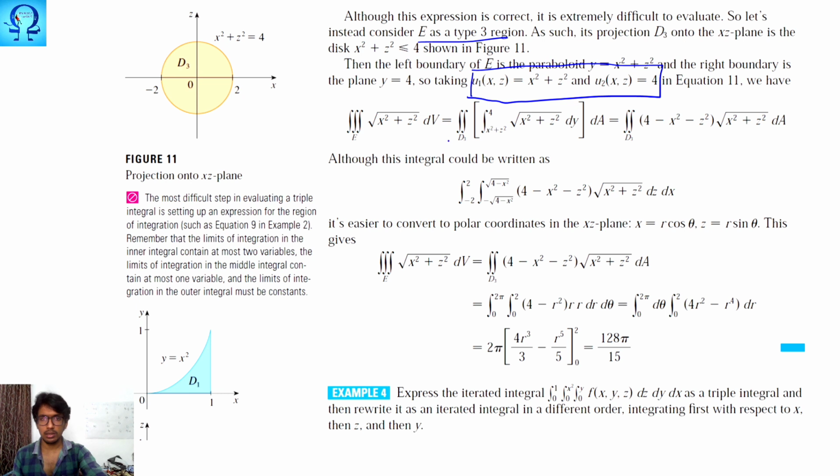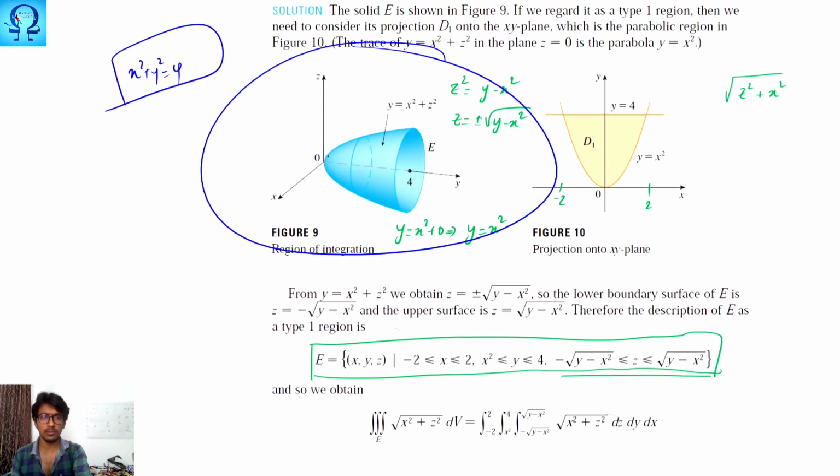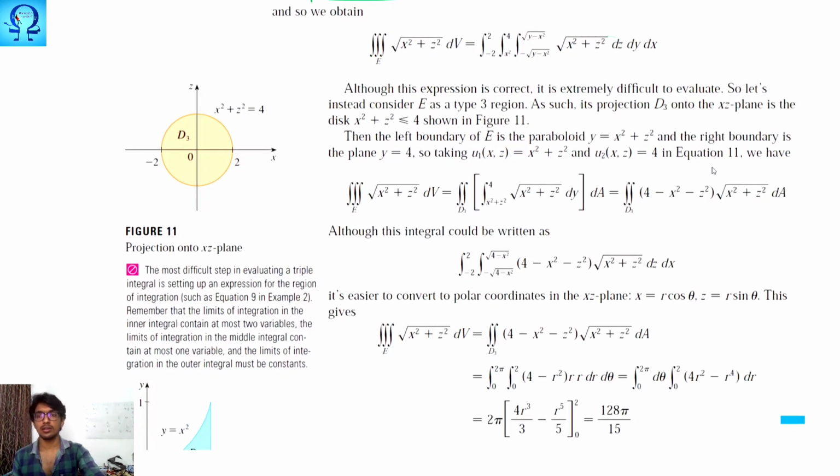So if you write down, your E is going to be the collection of x, y, z, where y is varying from x square plus z square to 4. Starting from this point, we are coming to this point. Here it is a fixed quantity, that is y is equal to 4. Here it is varying as a function of x and z.